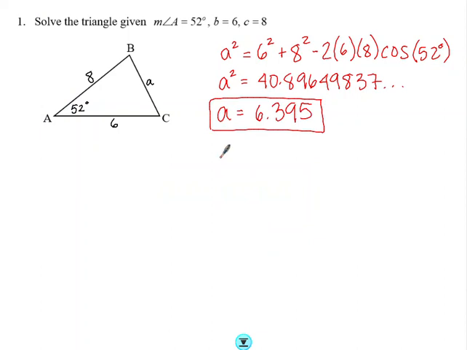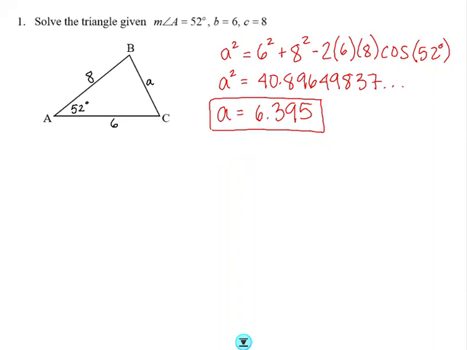So now we have all 3 sides and one angle. We need to find the other 2 angles. I'm going to use law of sines now to find the measure of angle B, now that we know what side A is.